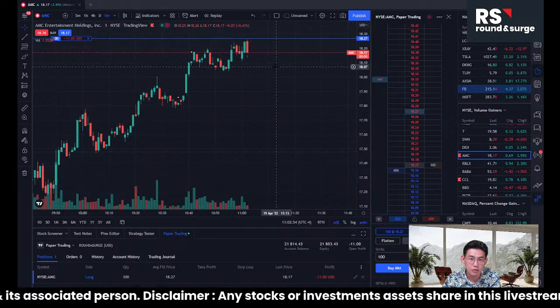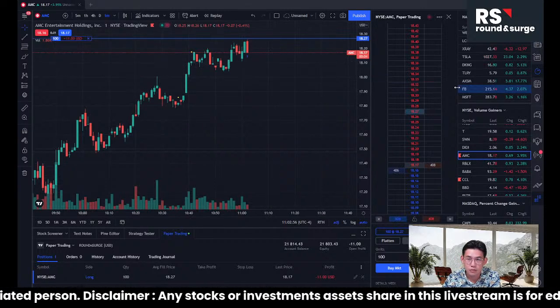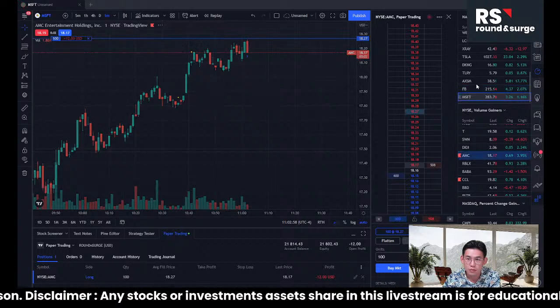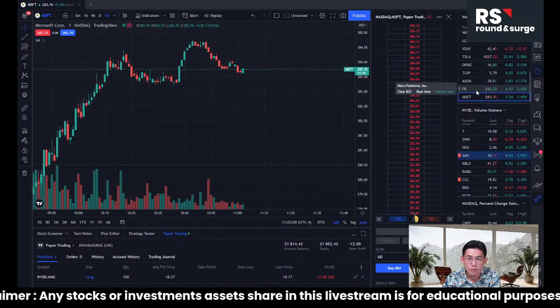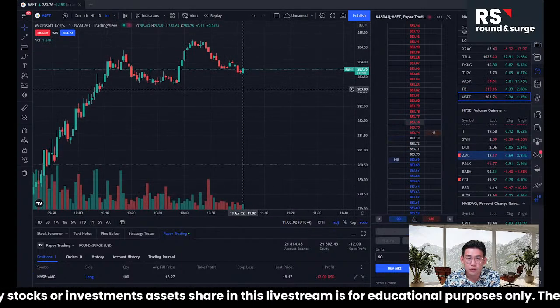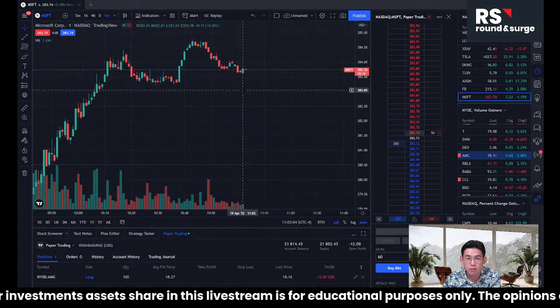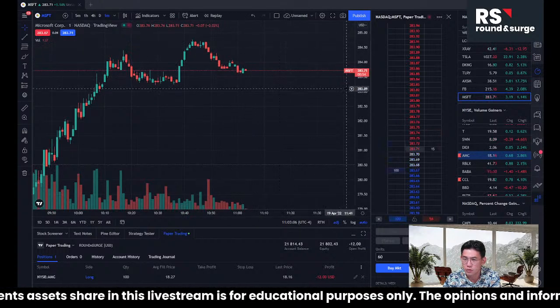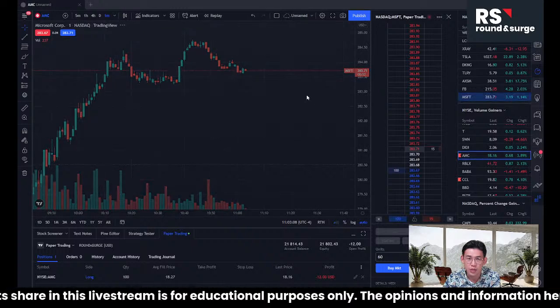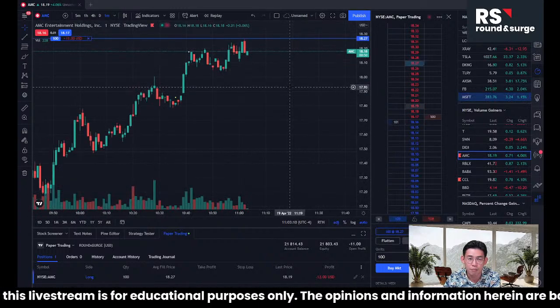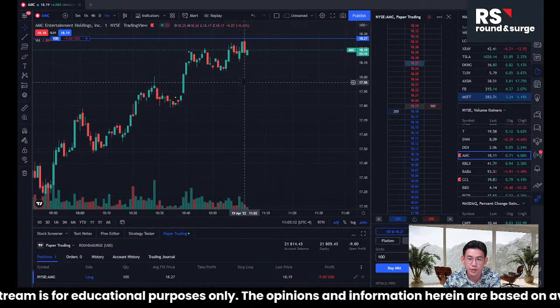Ooh, tracing down. Microsoft starts to bounce back up, but it seems like trending downward, so I'm not going to touch it for upward price movement.